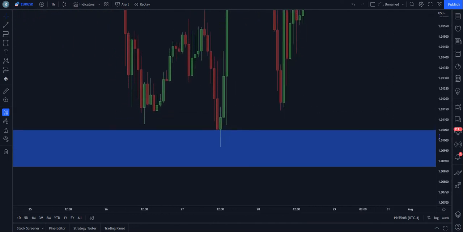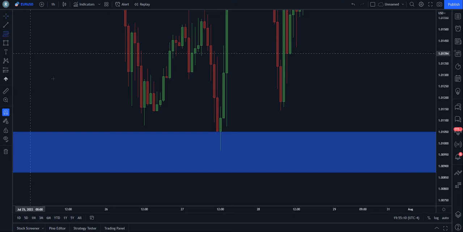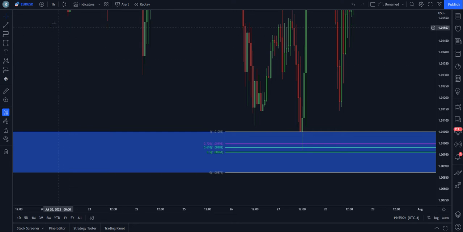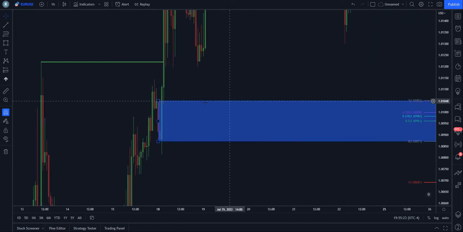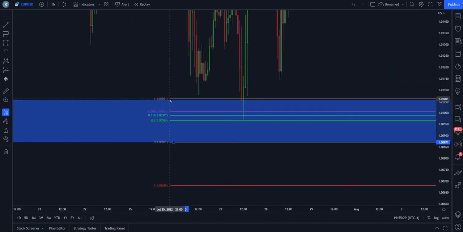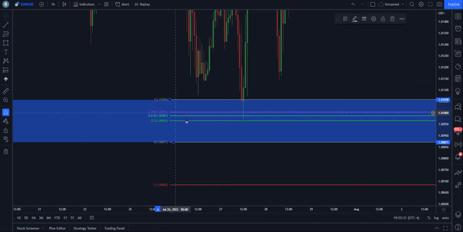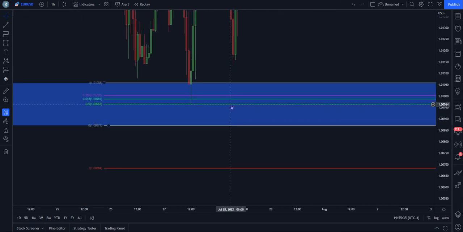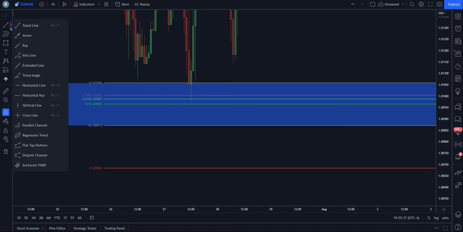And I believe I've mentioned before, but specifically the 50% mark of these zones will be the most sensitive. Actually need to include that. So we can see it's less than a pip away from actually touching it.